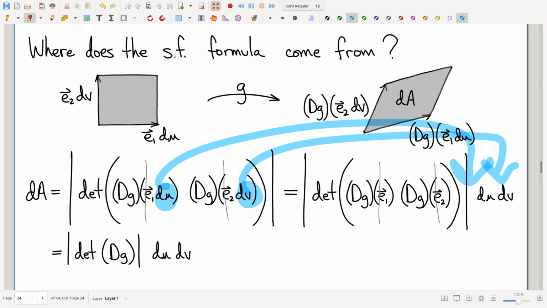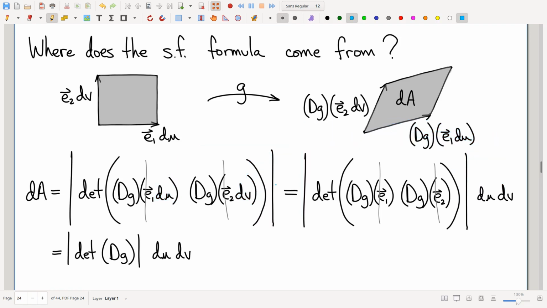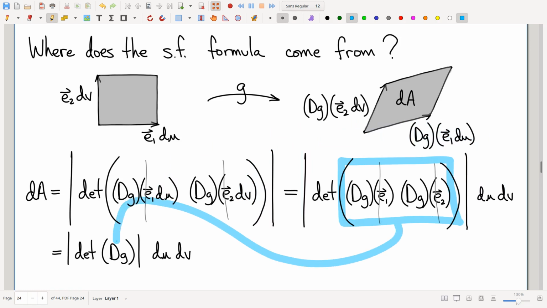And then you also need to persuade yourself, and again this is a good exercise in linear algebra, that this matrix here is in fact just the DG matrix. The trick there is to think about what these columns are. The first column of what I have here is DG times E1. Think about what that is, and you can write down exactly what that is. And then likewise, what is this second column? When you get this all written down, you will find it is exactly DG.